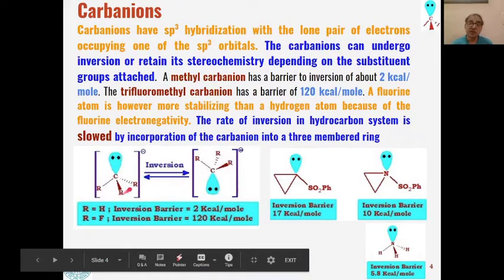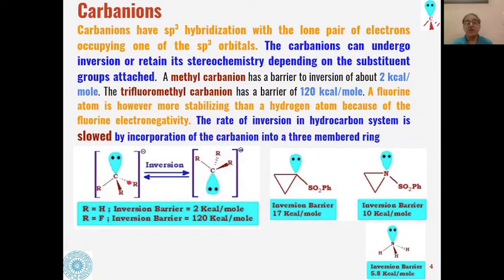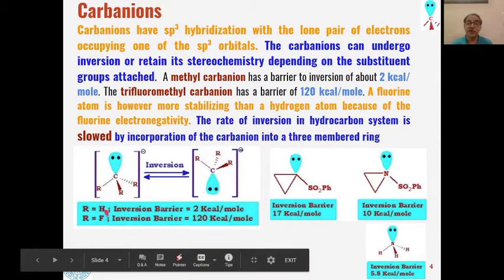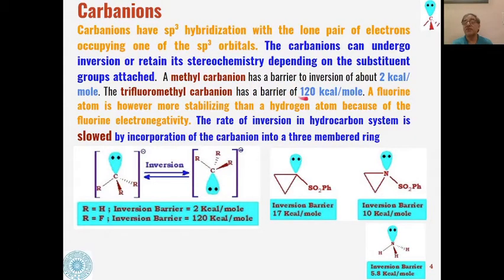Whereas if I replace these R groups by fluorine, that is the trifluoromethyl carbanion, then the amount of energy required for inversion is 120 kilocalories per mole. So you can imagine that the kind of group attached at this position, the R group, will determine how much energy is required for inversion of this carbanion.